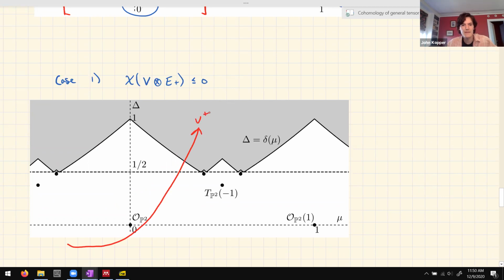This is V perp. So the orientation of this picture, if you work through your Euler characteristics, is that everything above the orthogonal parabola is where the pairing with V is negative. So here my corresponding exceptional is O, and you can see it's above the parabola. So that's putting me in case one. And so what case one of the theorem says is that if this is what the picture looks like, then V tensor W will not have special cohomology.